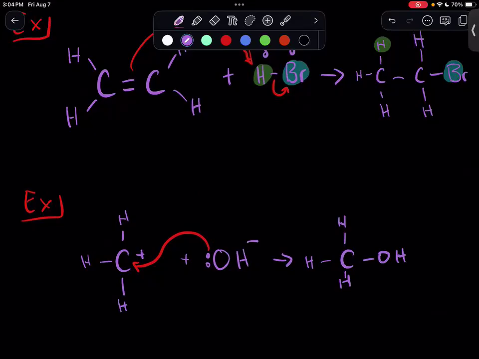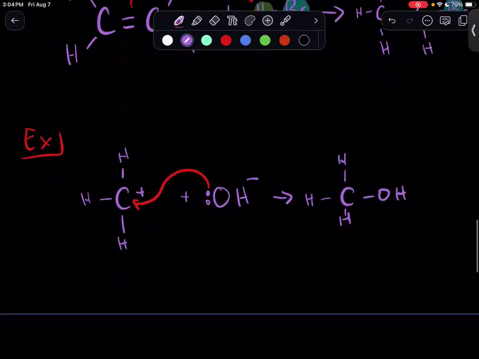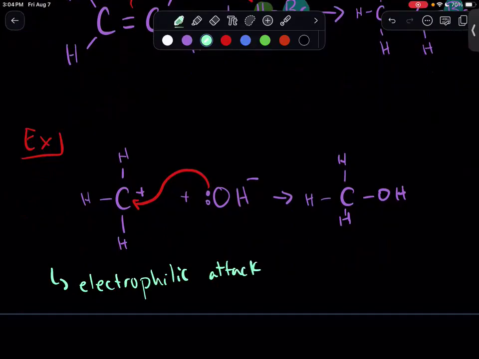And so that is another addition reaction. We have added the hydroxide or the alcohol group to our carbon. So the important thing here is that we're actually looking at an electrophilic attack of a nucleophile.